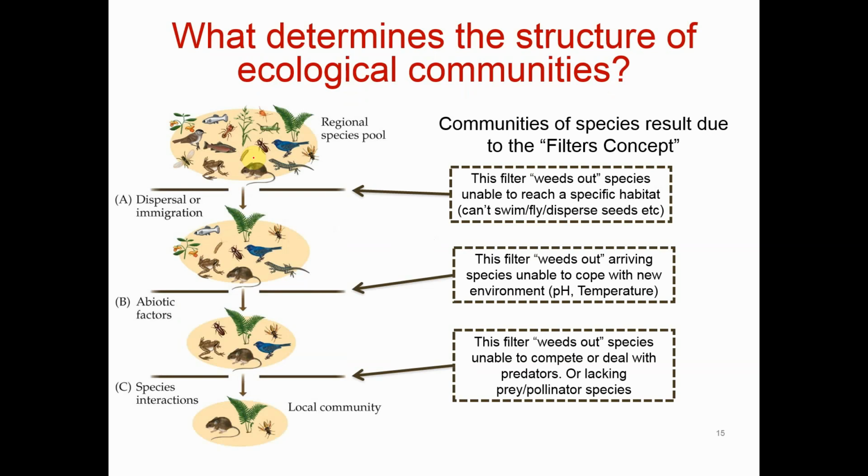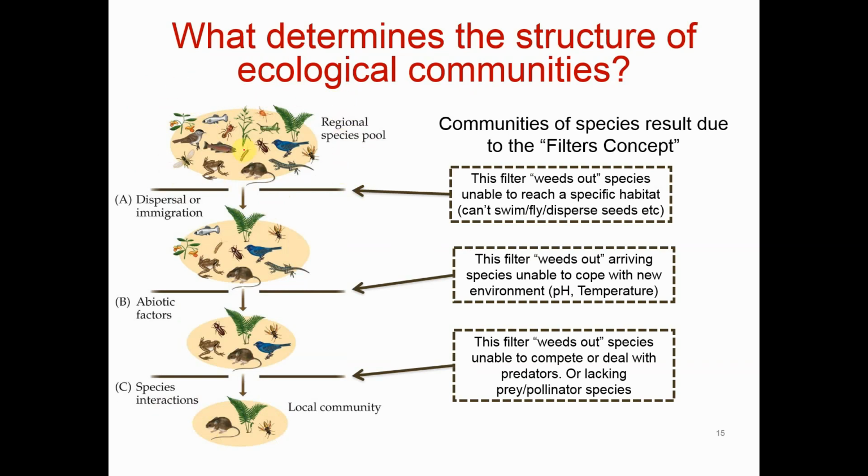So right at the top, we have the regional species pool. This is all of the species that exist in the area that we're interested in. And what we're trying to do is work out who actually survives in the local community. So, here's our starting point, our regional species pool.